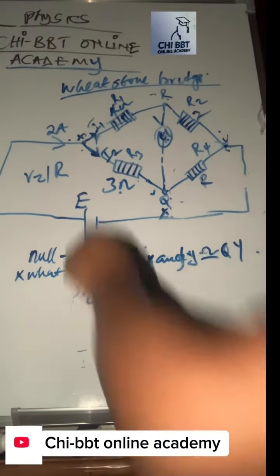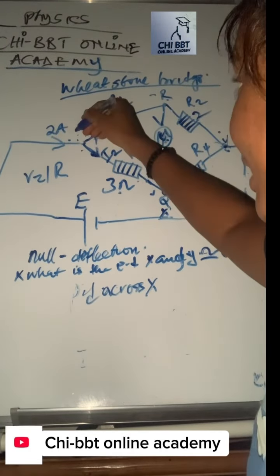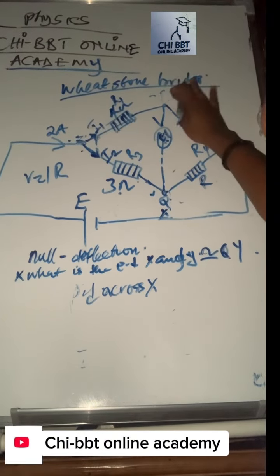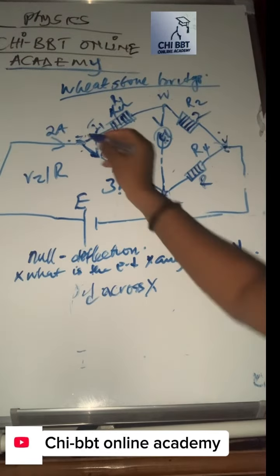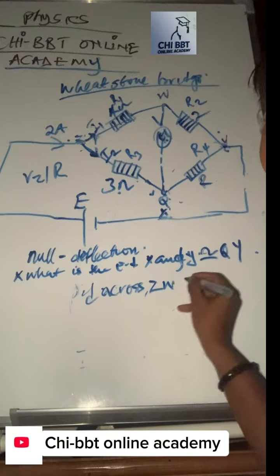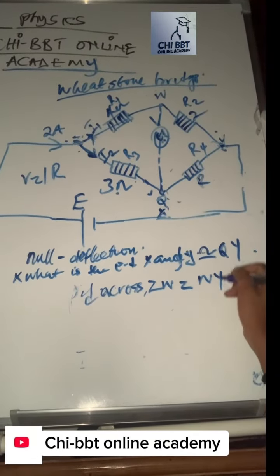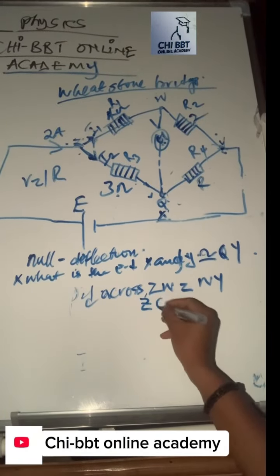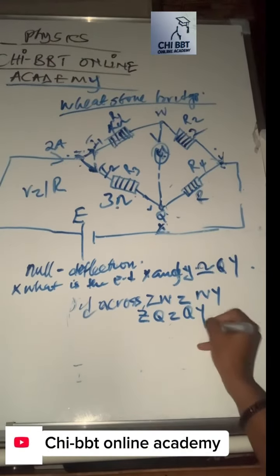We don't want to call here X. Let's call here Z, and call here W. So the potential difference across ZW equals the potential difference across WY, and the PD across ZQ equals the PD across QY. Am I right?